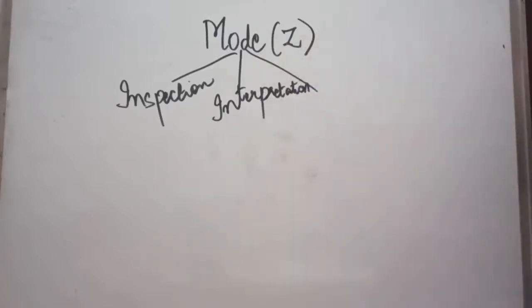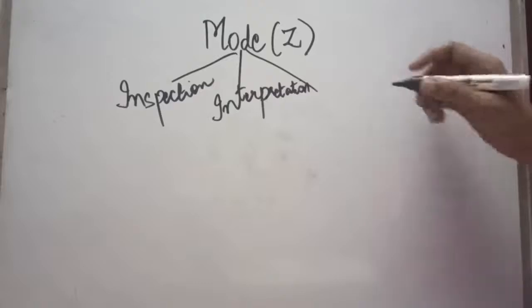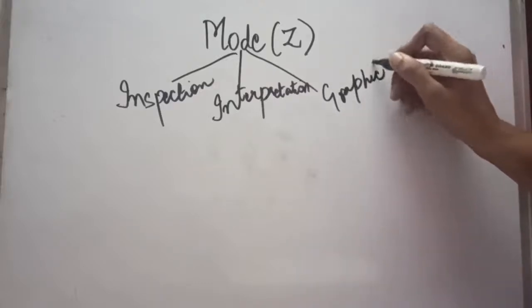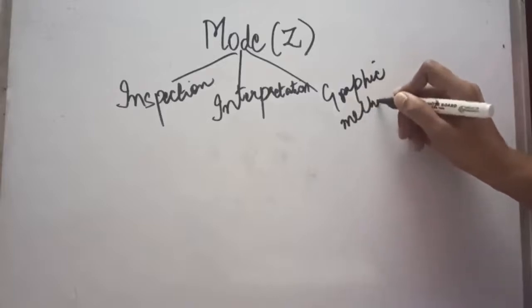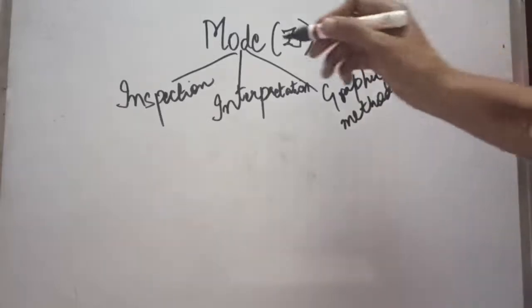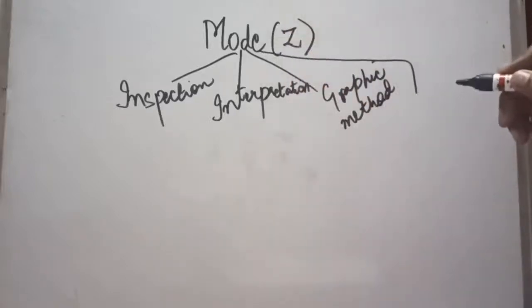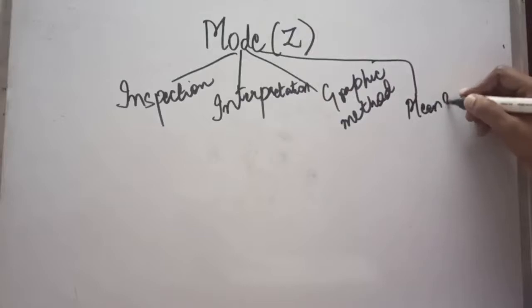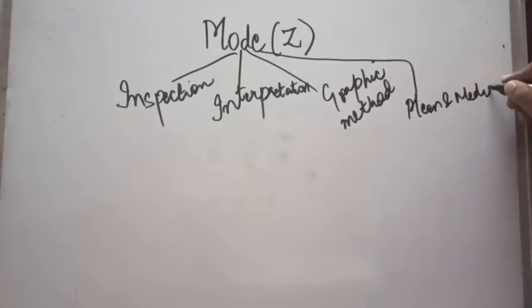Here we just prepare a grouping table, and with the help of the grouping table we calculate the modal value. And third is the graphic method. With the help of a histogram we can calculate the modal value. And there is another method also, with the help of mean and median. Sometimes in case of bimodal series we make use of median and mean also.